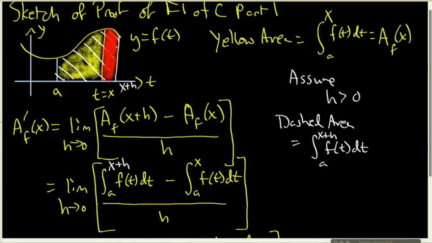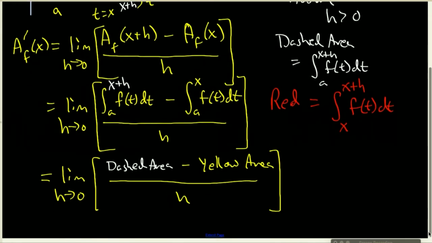That red area can be written as an integral, and that red area is the integral from x to x plus h of f of t dt, because the red area starts at x and ends at x plus h.